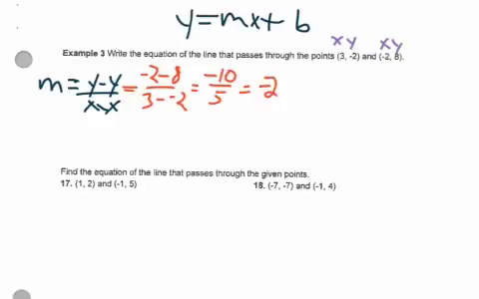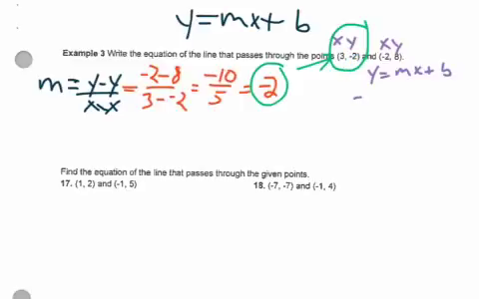So I have one piece of the puzzle. I have my m. Now I need to find my b, so I'll just do exactly what I did on the last page. I'm just going to choose one ordered pair. I'll choose that one. Okay, so y equals mx plus b. Y I'm stealing from right here, which is -2. So -2 equals, I just calculated my m, which happens to also be -2, times x, which I take from my ordered pair, which is 3, plus b.